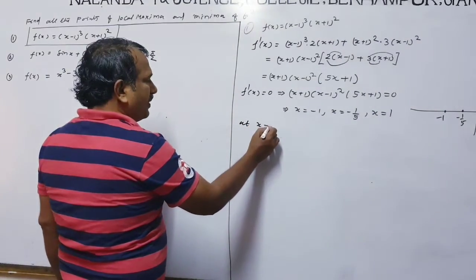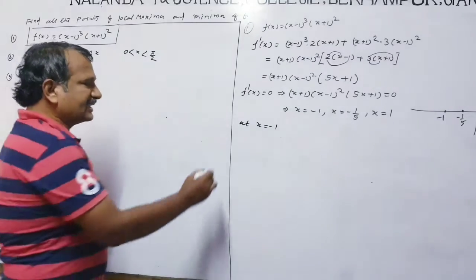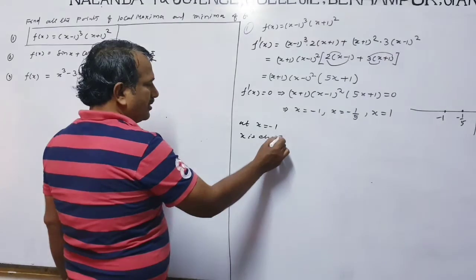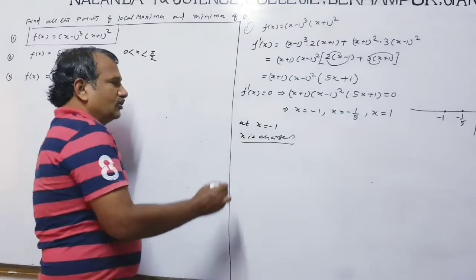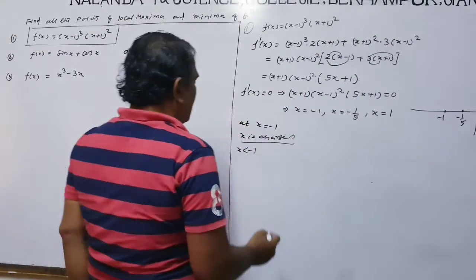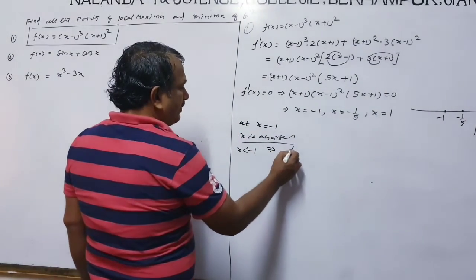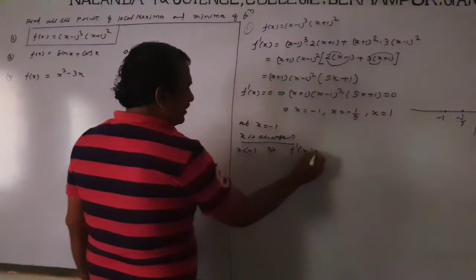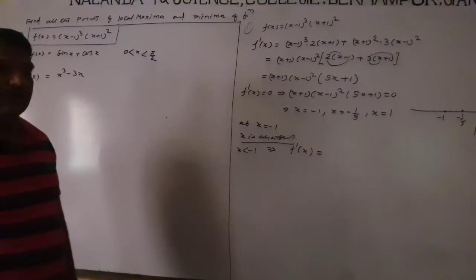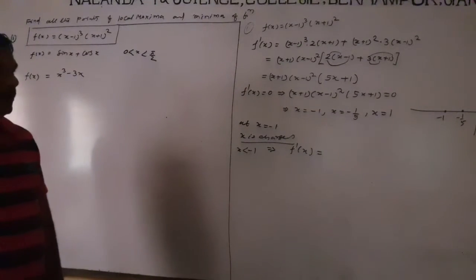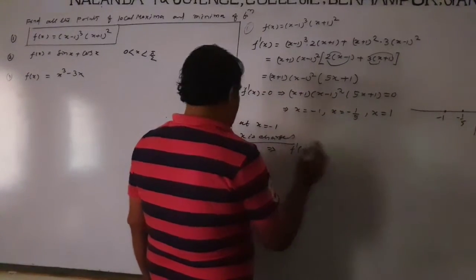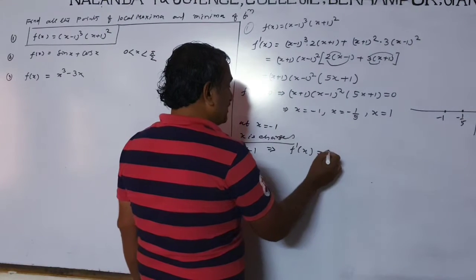Now after x equal to -1, x changes. Suppose x is less than -1. So less than -1 means what is the f dash x? Here, less than -1 means the first factor is positive, the next is negative, and this one is positive.